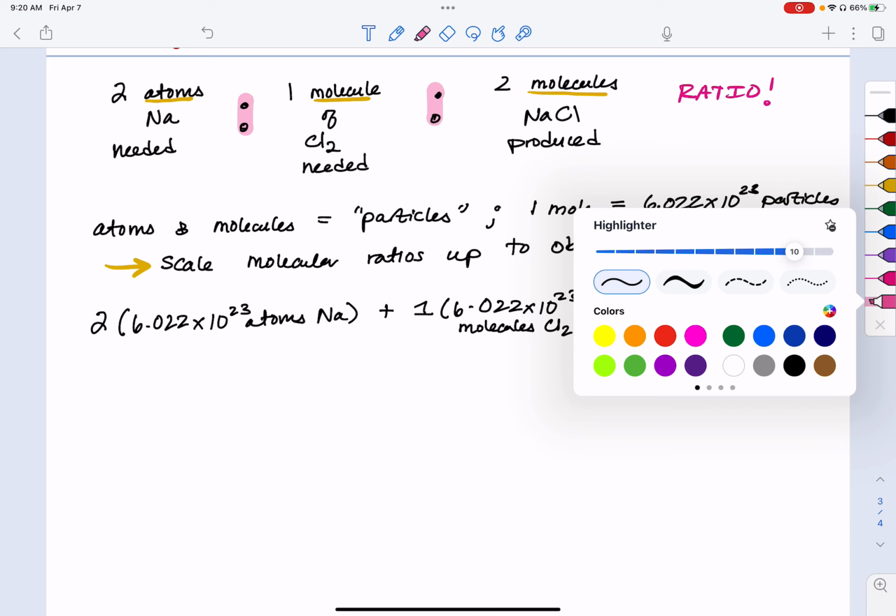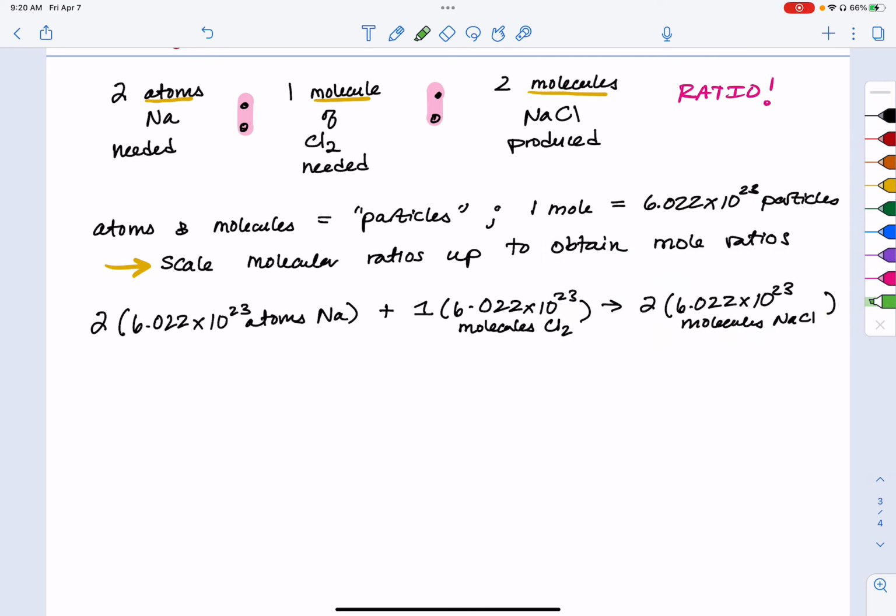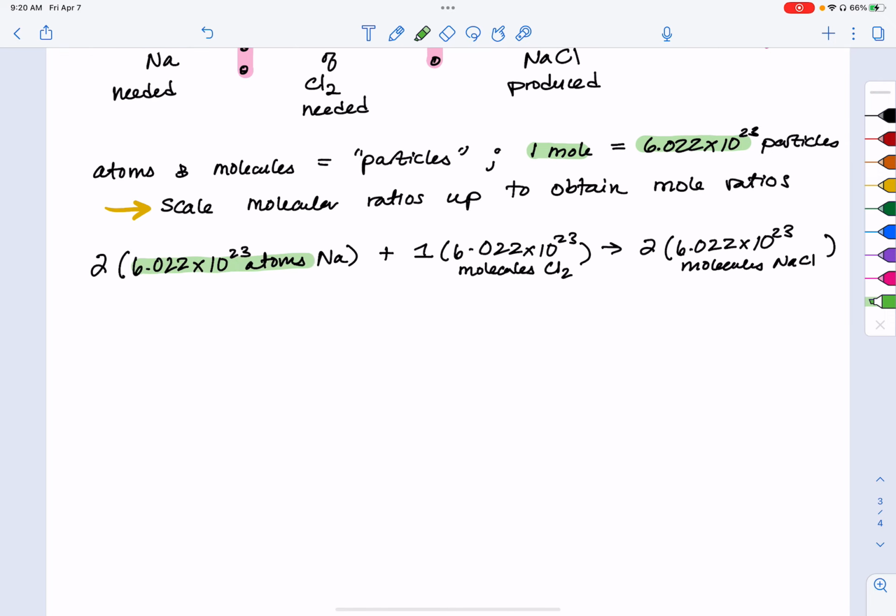And remember, because we know exactly what this quantity 6.022 times 10 to the 23 particles is in terms of moles, I can now replace all of these quantities with moles.